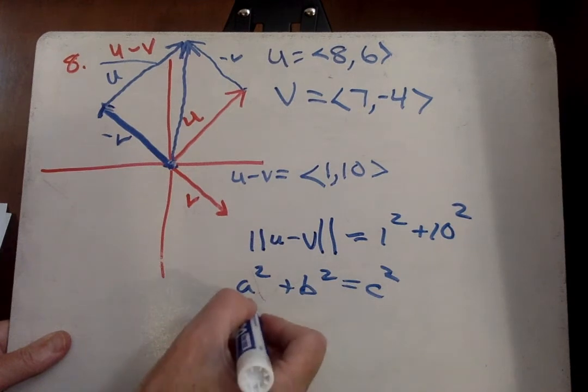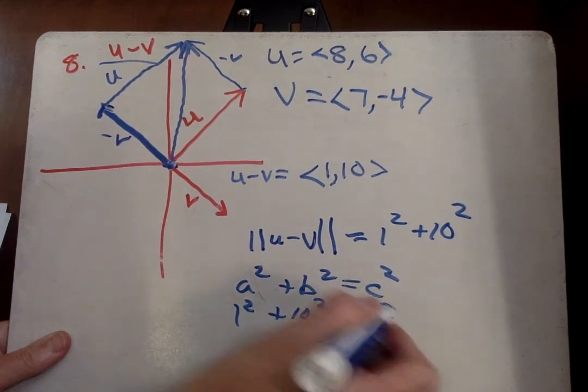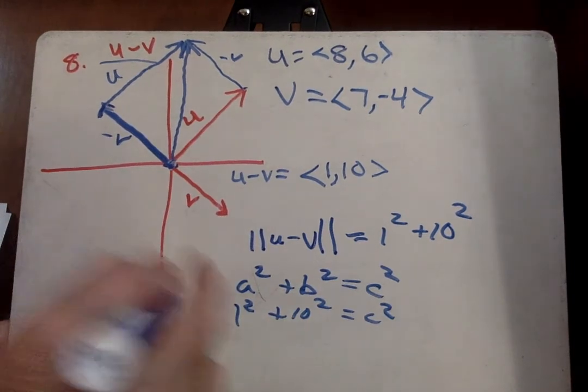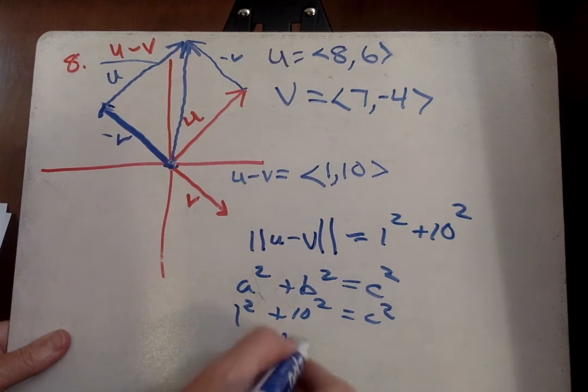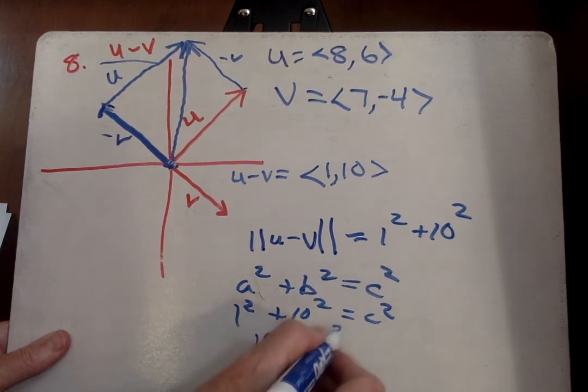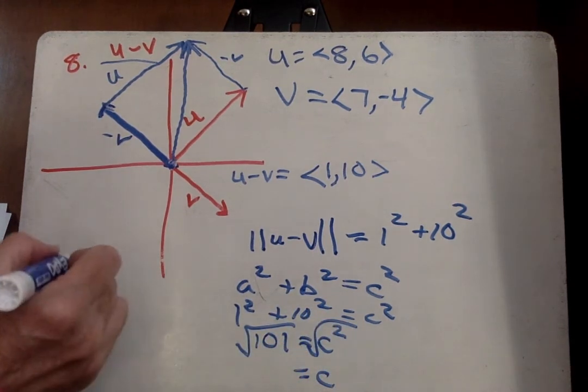And I'm going to say 1 squared plus 10 squared equals our c squared. Okay. And then we say 100 plus 1 is 101 equals c squared. This is where a lot of students forget. Make sure you take the square root. So c equals the square root of 101.